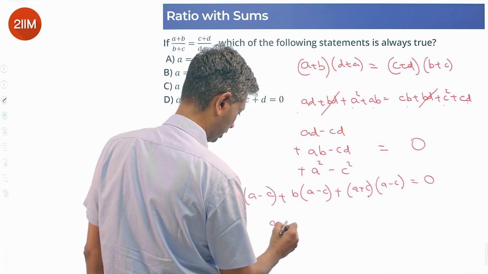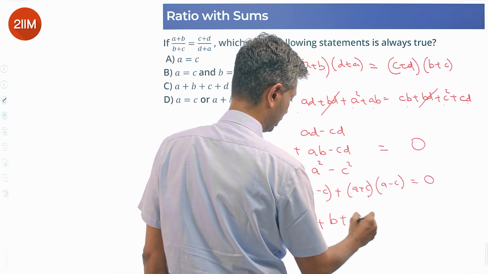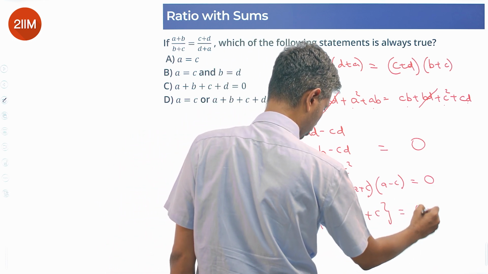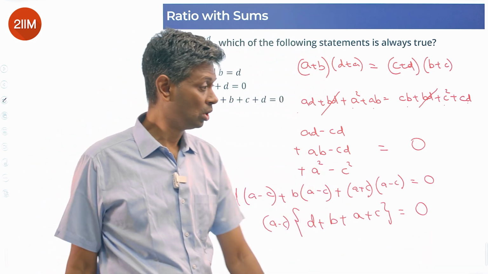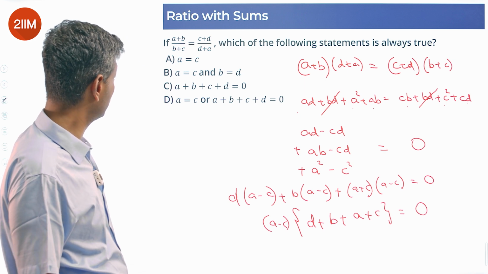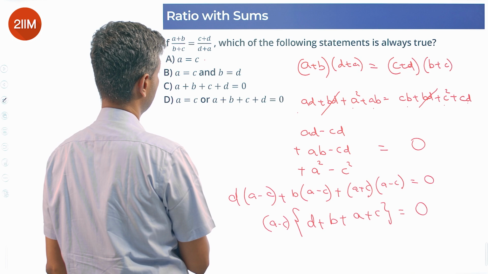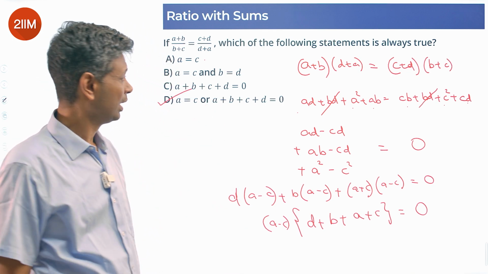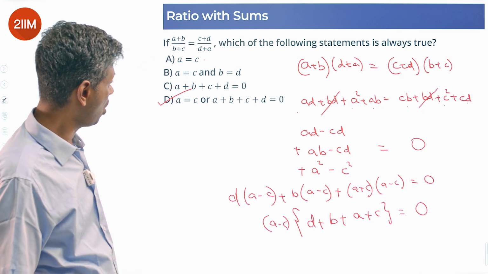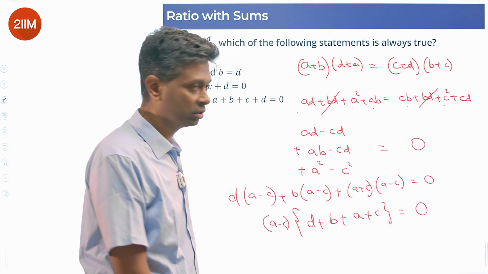Or A minus C common to D plus B plus A plus C is equal to 0. This tells us that either A minus C is 0, A is equal to C, or A plus B plus C plus D is 0. Either one of them is true, this will hold good. Either A is equal to C or A plus B plus C plus D equal to 0, both work. Answer choice D, D for delta.